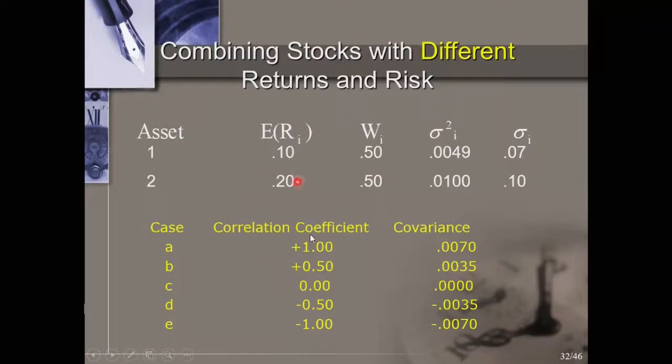So now we are required to see, if we have two assets with different returns and different standard deviation, and obviously you can see that whenever return has increased, the standard deviation has increased as well. High risk, high return. Low risk, low return. So when we are combining such securities with different correlation, does it affect the portfolio standard deviation, portfolio risk, or not?